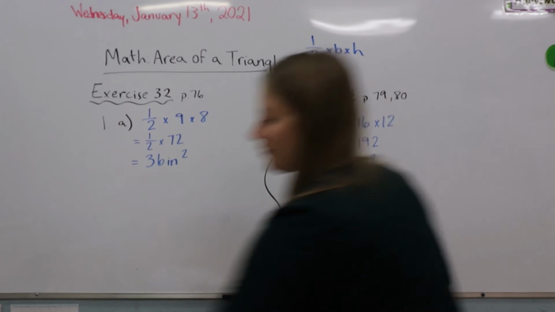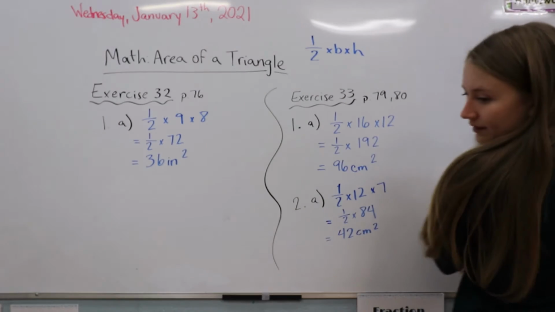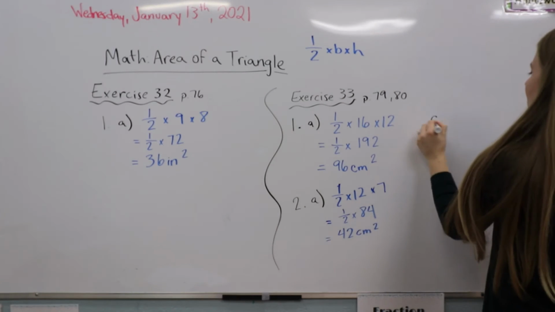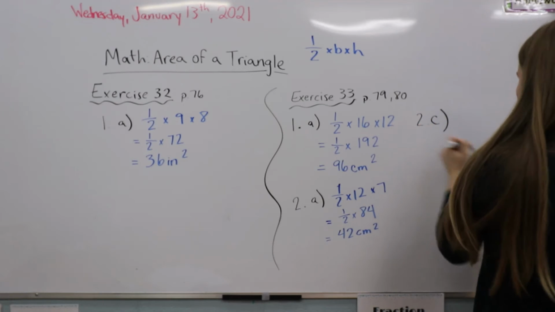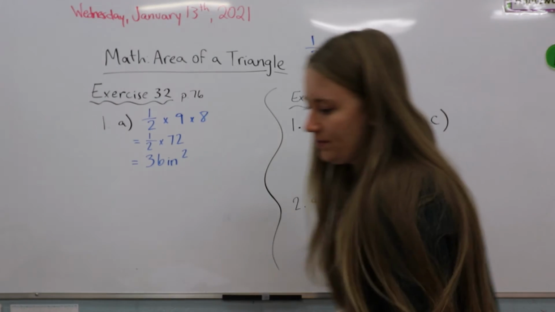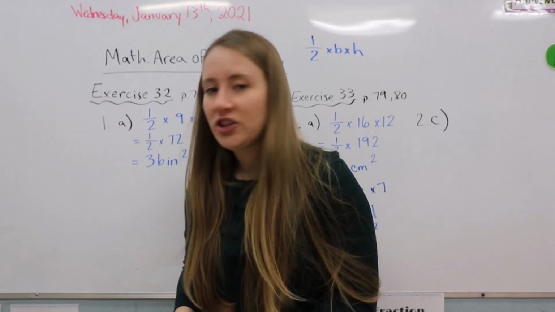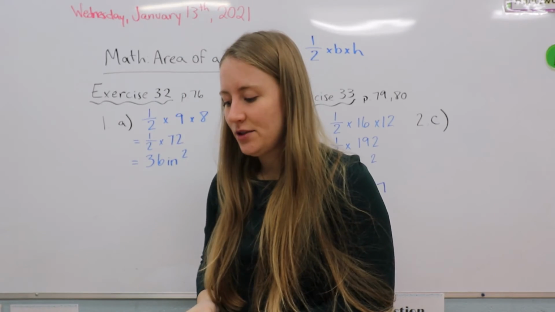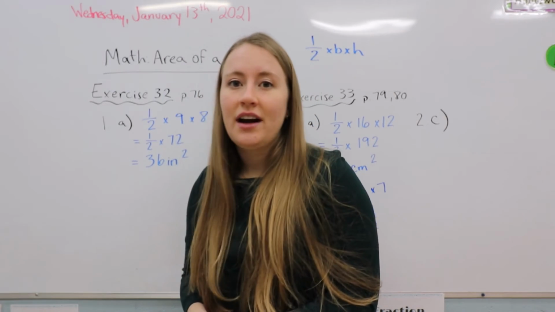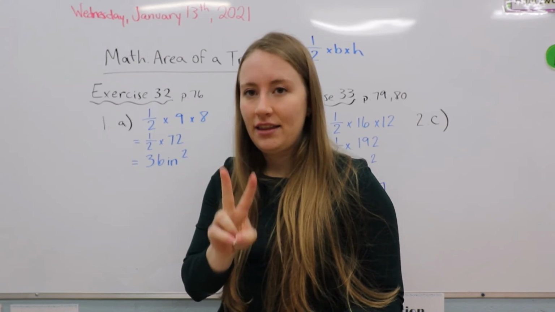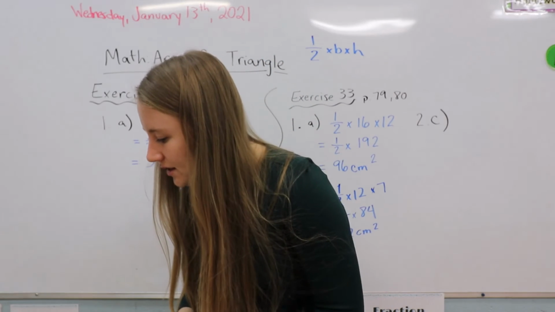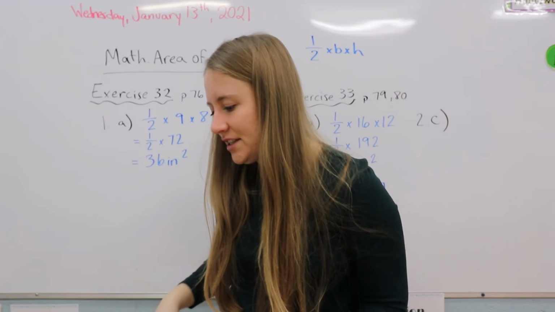Now we're going to look at C. The shaded area is not the triangle this time, so you have to keep that in mind. We're going to have to find both the area of the rectangle and the area of the triangle. Again, we're given two measurements that we're going to have to add together.